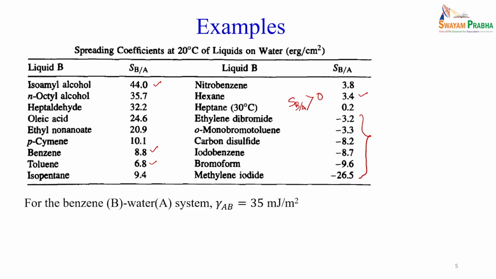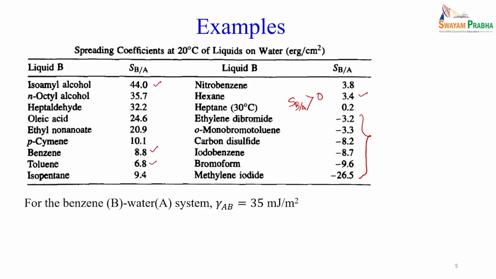Now, as we discussed, this is the ideal case when the purity of A and B is intact. But in practice, when the two liquids come into contact, they mutually saturate each other, so their composition or purity is going to change. Let us consider the case of the benzene and water system. Their interfacial tension is 35 millijoule per meter square.